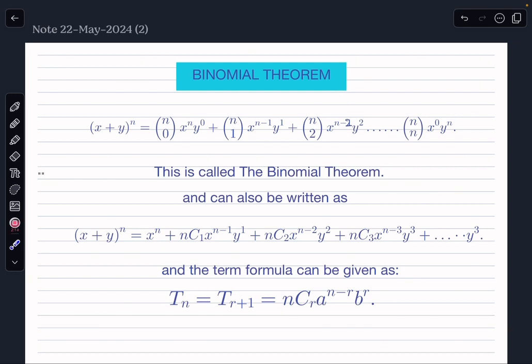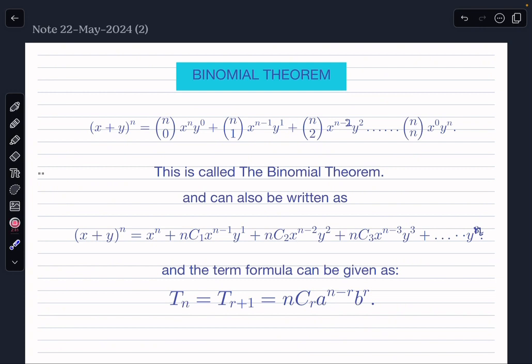One thing to note here is that the first term starts with the highest power n, ending with the second term as y to the power n. And then in between, I should be having all the terms so that the power of x is decreased by 1.